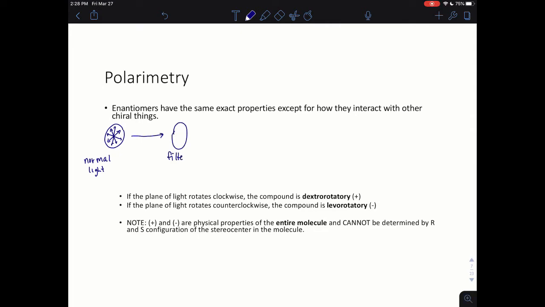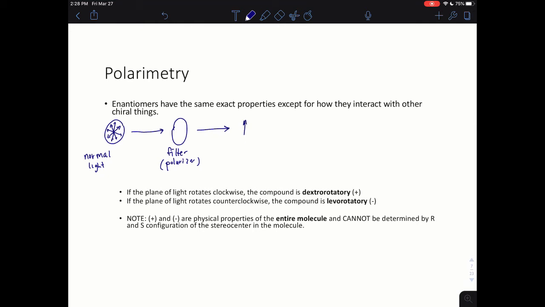If you have polarized sunglasses, you have a polarizer at home. Look at your cell phone with your polarized sunglasses on. It should look funny because it's filtering out some of the light that's oriented in different planes, and you're just going to be seeing light that's oriented in a single plane. So now we have what's called plane polarized light.